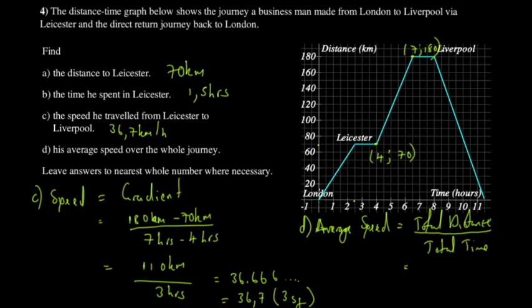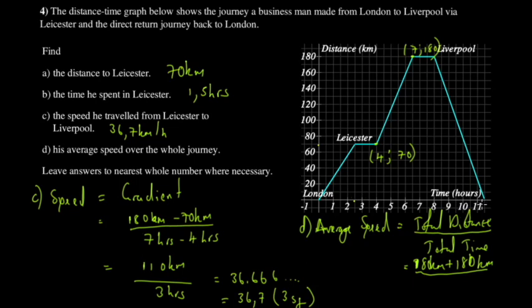Here he's traveling up to 180. Don't worry about the dynamics in this curve, these changes in the curve. Just remember where he starts and where he ends up. It's 180, and then he has to go back again, so this will be 360. You can say 180 kilometers plus 180 kilometers, which is 360. Then we're going to divide this by the total number of hours.